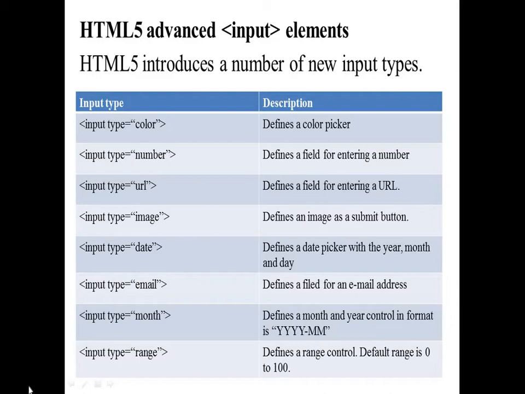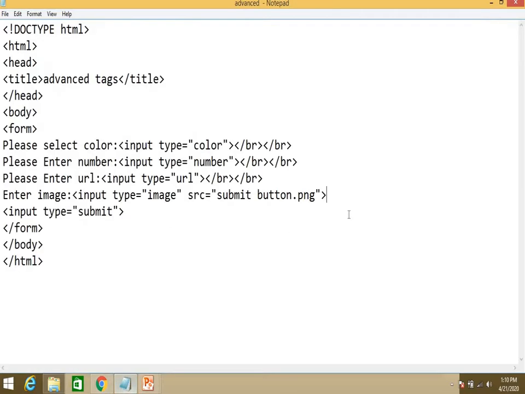Next is input type equal to date. Write down BR over there. Next, input date. So enter date, input type equal to date.